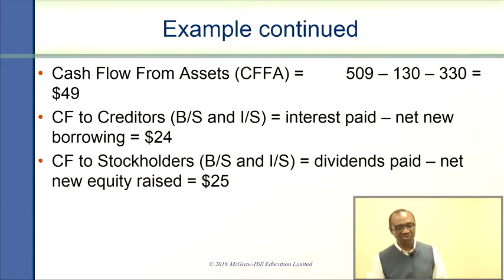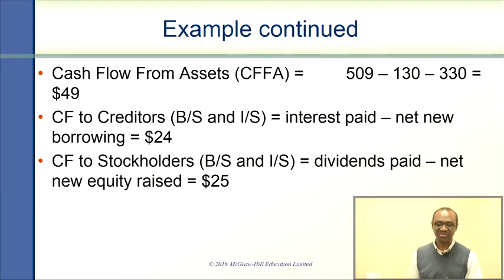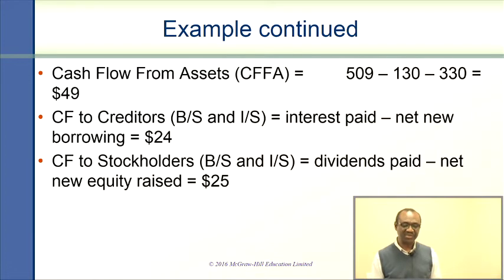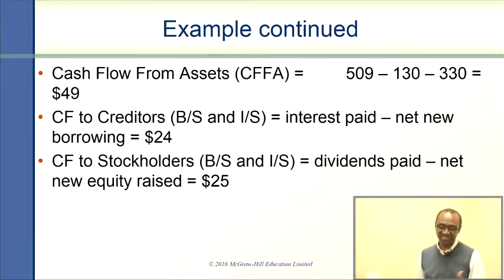We also look at the cash flow to stockholders, which is dividends paid minus net new equity raised. In this case, we have 25. If we add the 24 and 25 together, we get 49, which is the reconciliation.